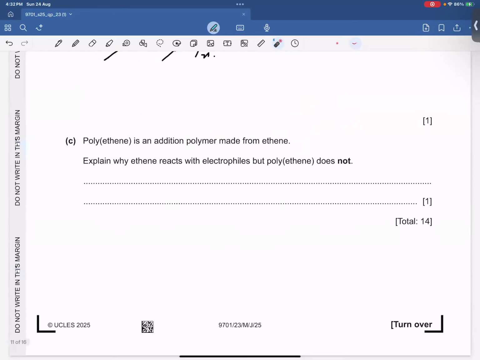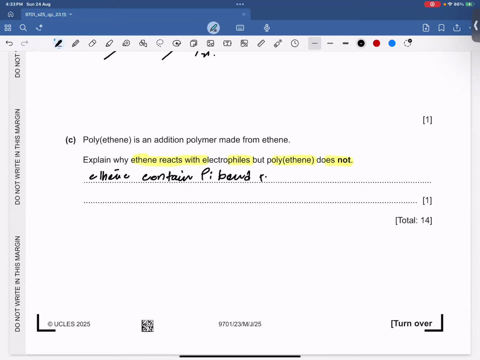Polyethene is an addition polymer made from ethene. Explain why ethene reacts with electrophiles but polyalkenes do not. So ethene contains a pi bond, which can easily react with electrophiles.